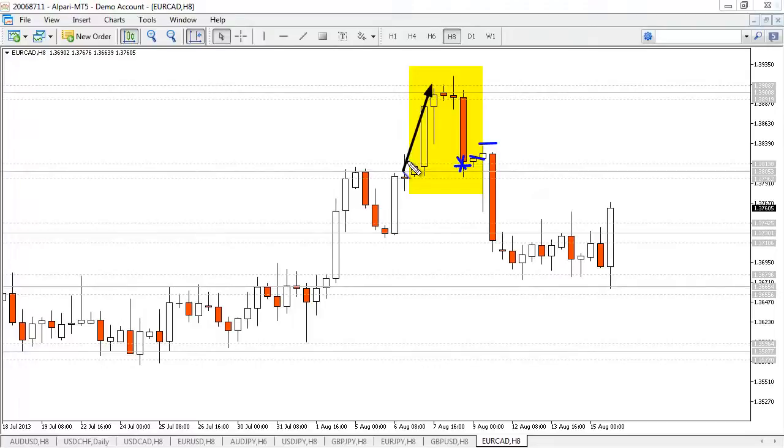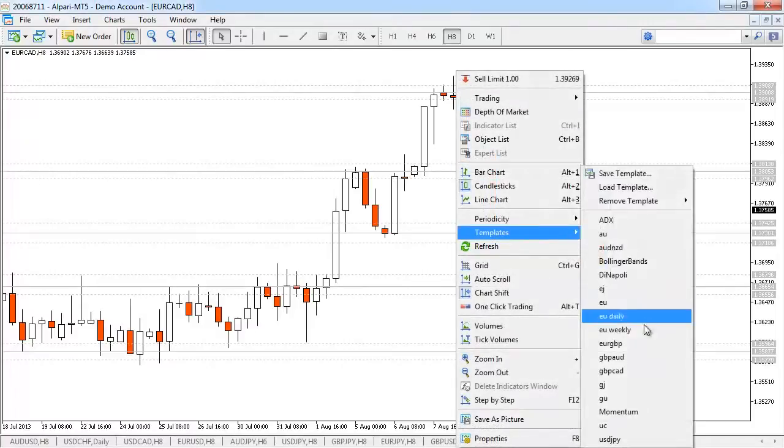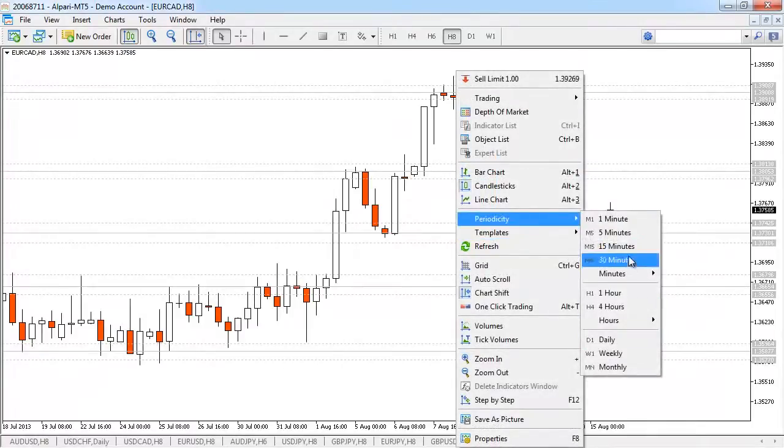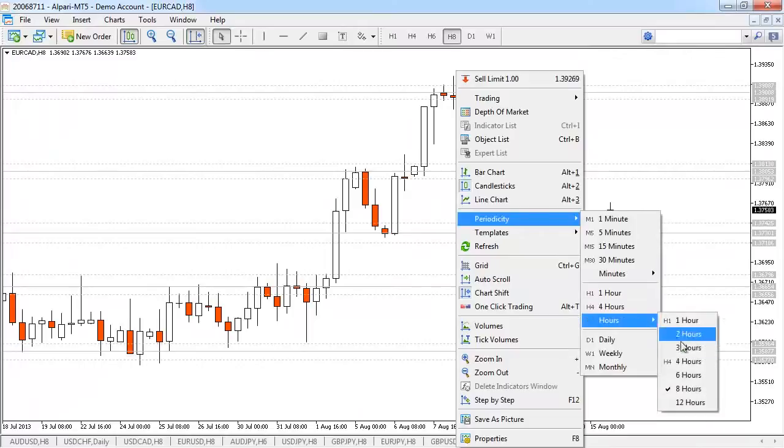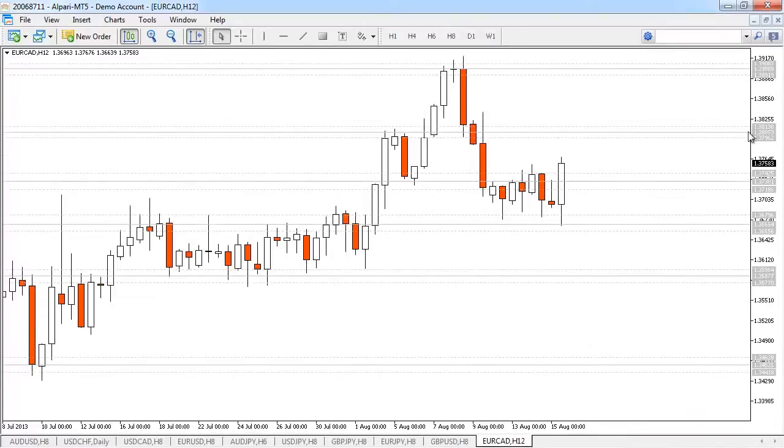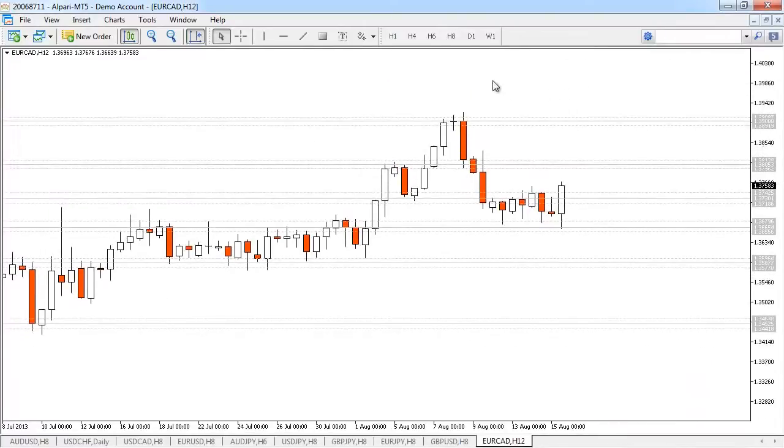I tend to be very careful during speeches because if some guy opens their mouth and says the wrong thing, it could just send the market flying in either direction. So speeches. And yeah, that's really about it.